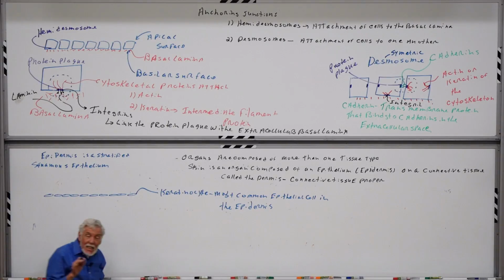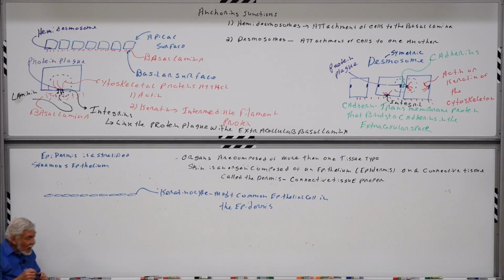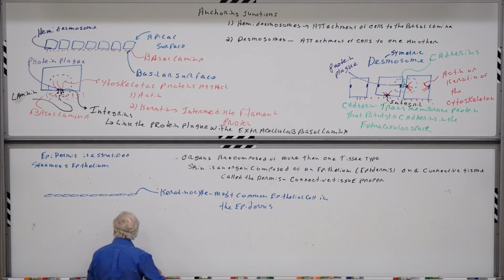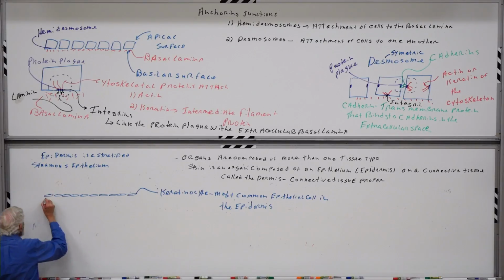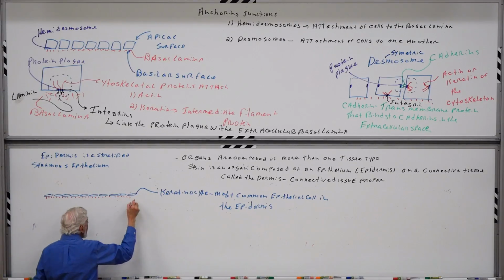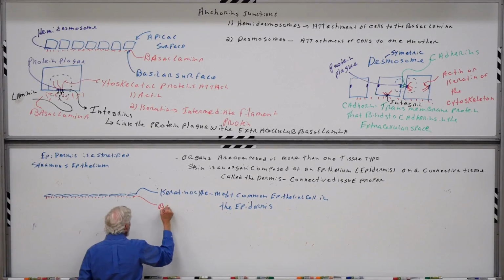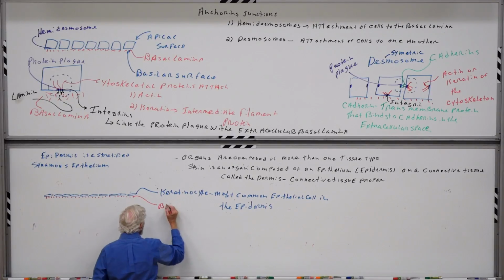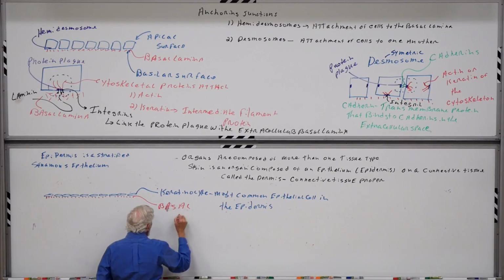But it's a classic epithelium. So to be a classic epithelium, these epithelial cells need to be attached to a basal lamina. So this is the basal lamina.